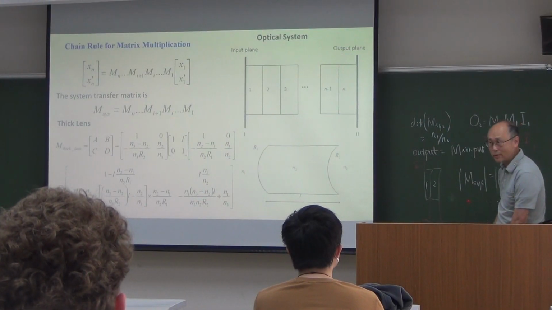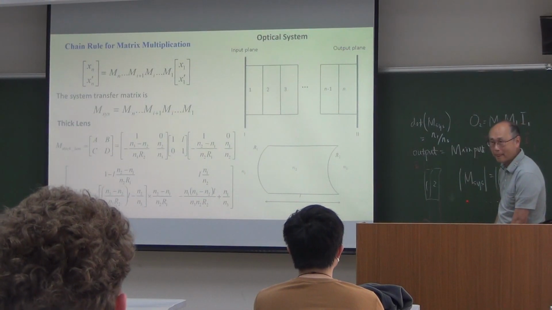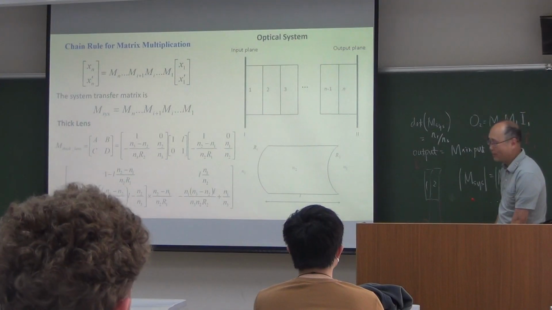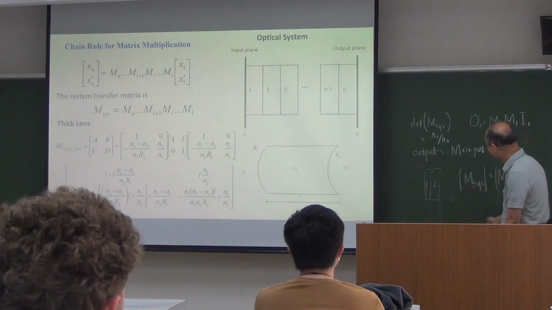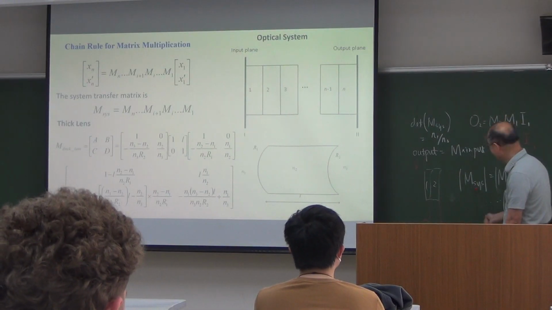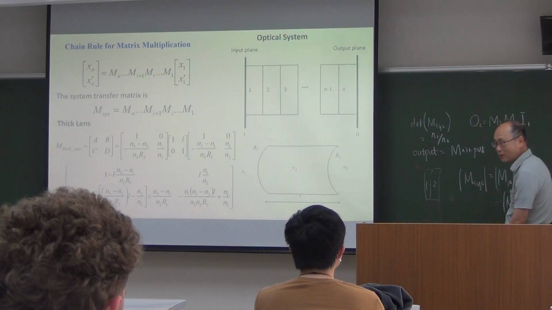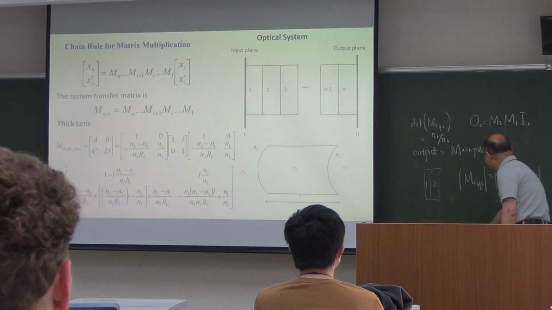This is what you learn from linear algebra. You should have learned this before. For matrices, the total determinant is just the product of the determinants of all the elements.